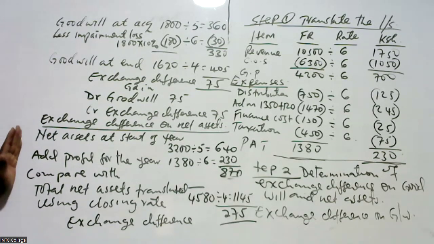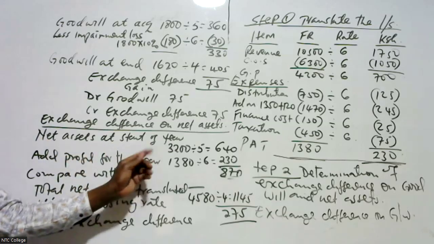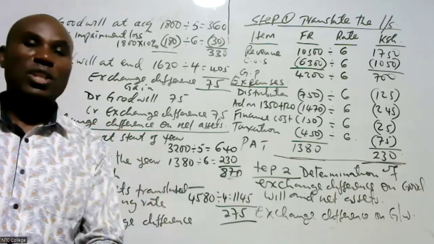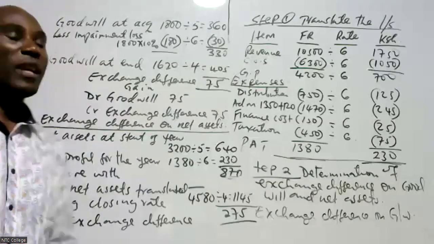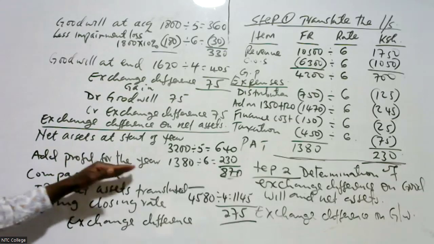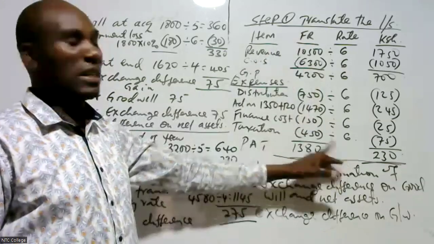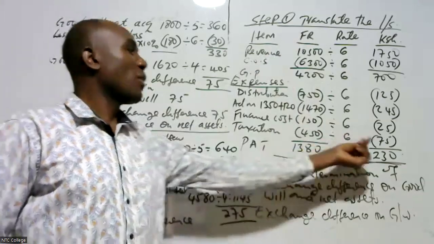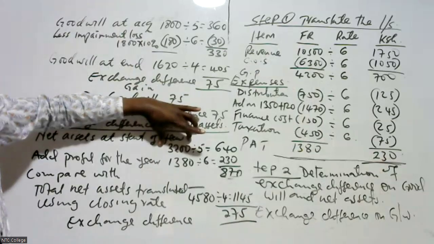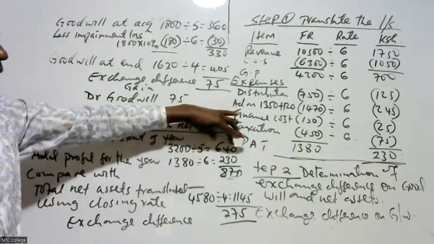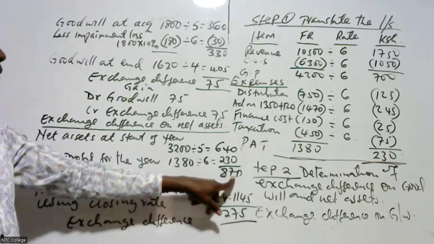How do you get exchange difference on net assets? You take your net assets at the start of the year, you translate using the historical rate, the rate at the start of the year. Then you add the profit for the year. Remember, the profit for the year we already have in our income statement when it is not translated, when it is translated. Therefore, on my net assets translated, I add profit for the year translated, I get 870.